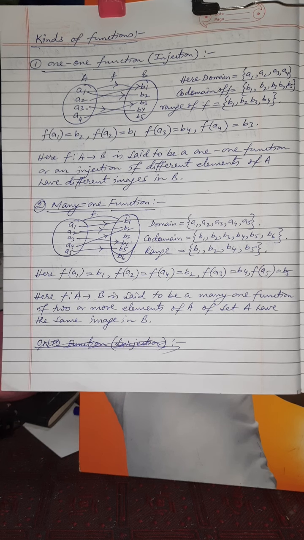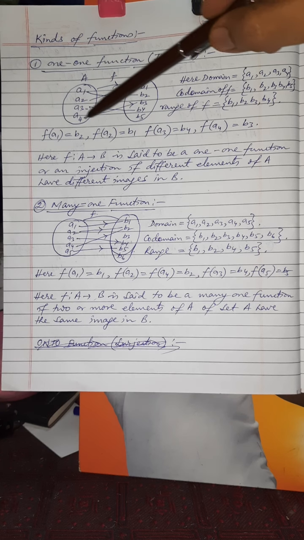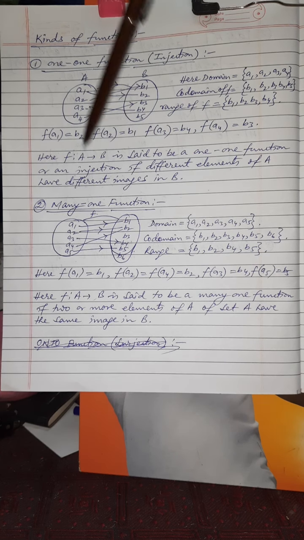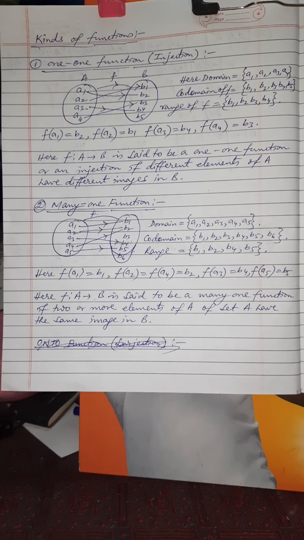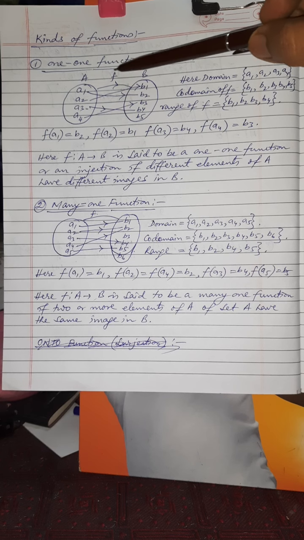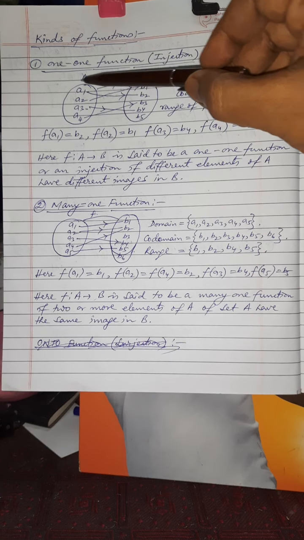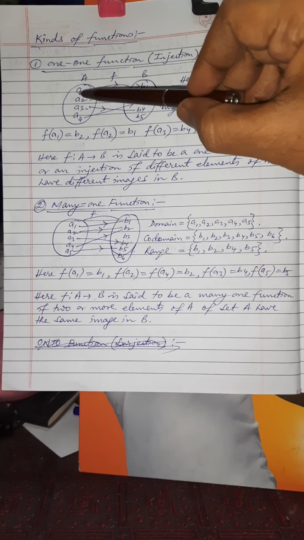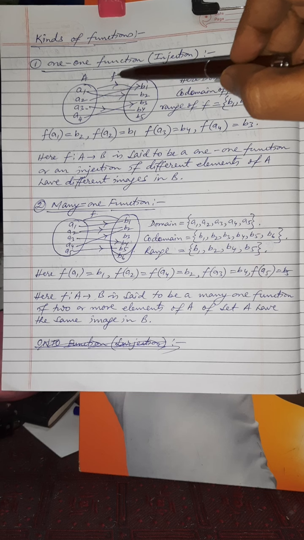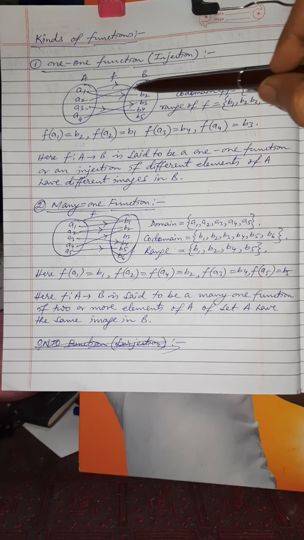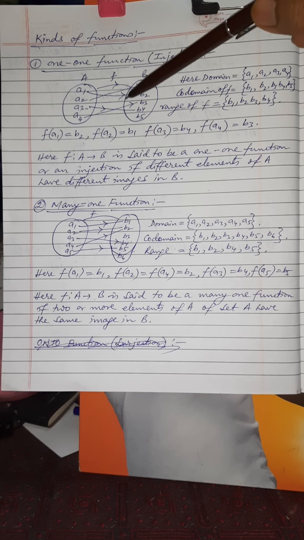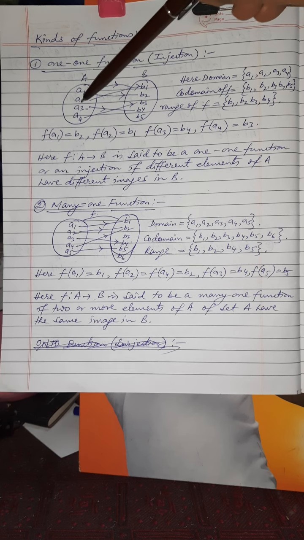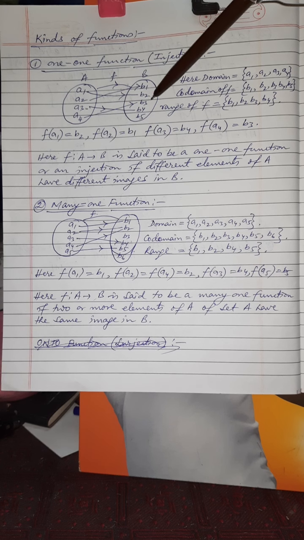As you remember, in class 11 we discussed that this whole diagram is representing a function, and it is read as f maps A into B. You can imagine that f is a machine in which all the elements present in the set A are put, and from here we take one element, say a1, put it in f, and the output we get is b2, present in the set B. Similarly, a2 gives you b1, then a3 gives you b4, and a4 gives you b3.